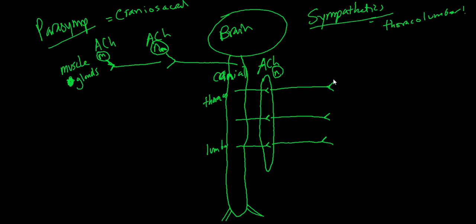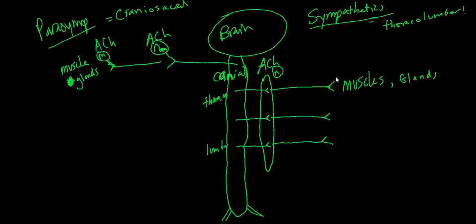And then over here, what we're going to do is we're going to innervate some muscles again. We're going to innervate some glands. So kind of like we did over here, glands and muscles and organs and everything else in your body can have parasympathetic or sympathetic innervations. And sometimes they have both active at the same time, but for our sake, we're just going to have muscles and glands.